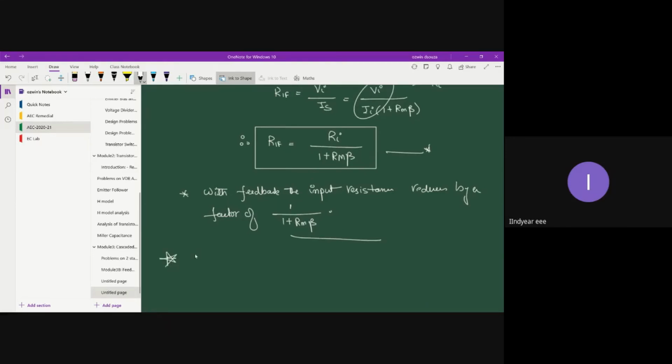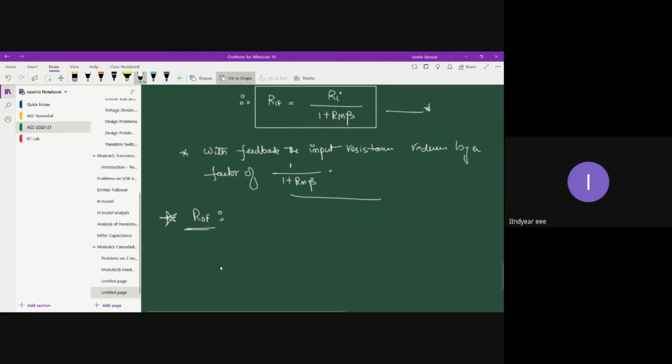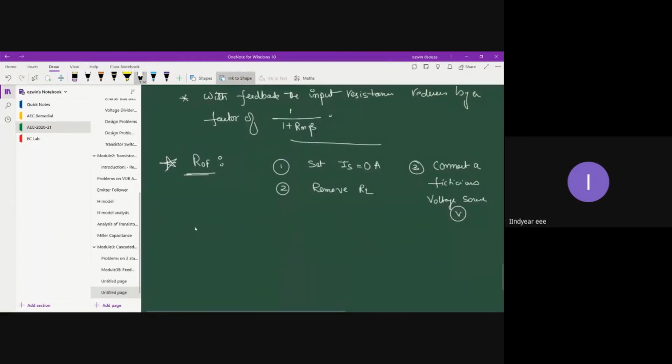Okay, now let us take up the expression for output resistance with feedback. So normal steps you are going to apply. You are going to set current source to 0 amperes, and then you are going to remove RL. Okay, and then you are going to connect a fictitious voltage source V across open circuit. Okay.